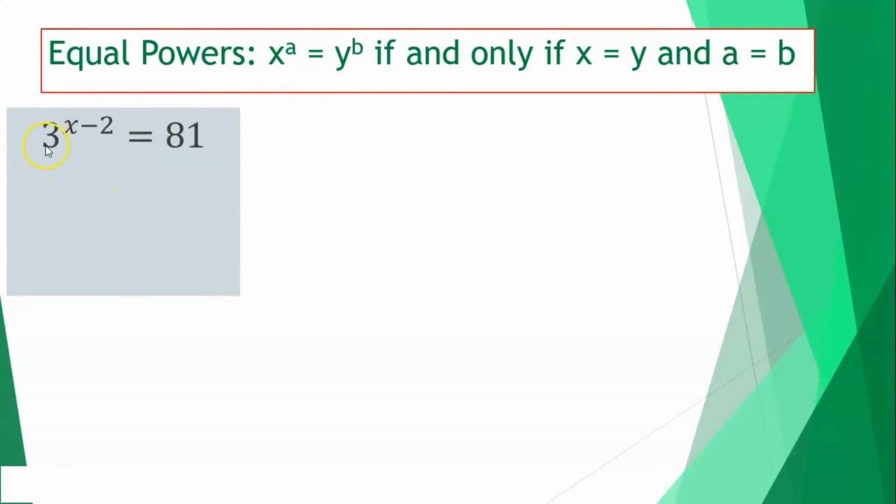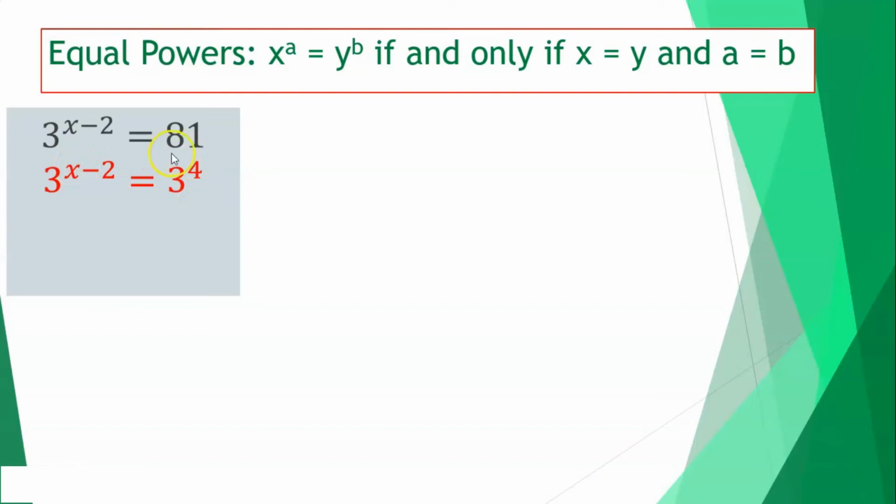Given 3 to the power of x minus 2 is equal to 81, solve for x. So at this point, the base is 3. So with this, we need to rewrite 81 to the base of 3, in which if we simplify, 81 to the base of 3 is 3 to the power of 4. At this point, the bases are equal.